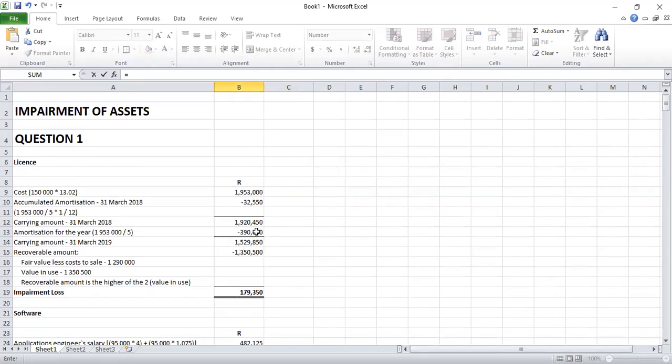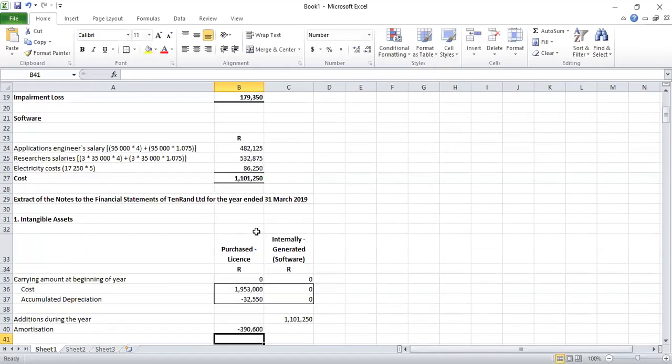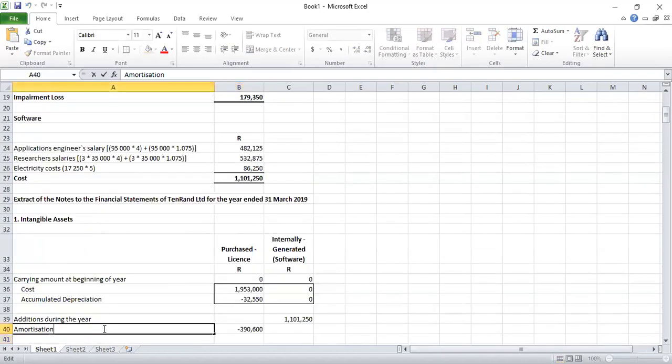The amortization for the current year, this one here. For the other one, let us say 101,250. They said useful life is 5 years, but it was only available for 2 months.